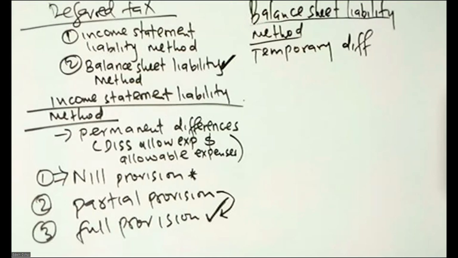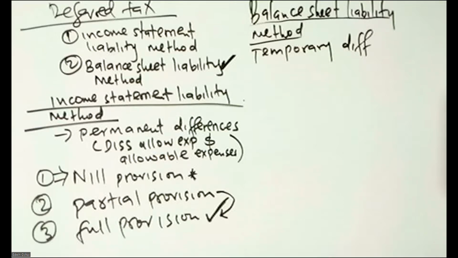Why is this recommended? You can be asked to justify why. It's recommended because it views deferred tax to arise from temporal difference, and the components it uses are based on the financial position. That is why I've said assets and liabilities.